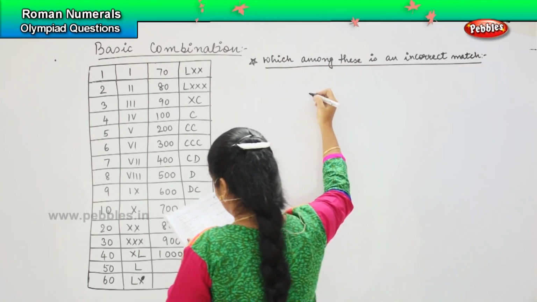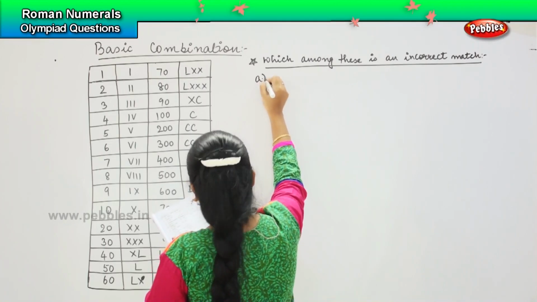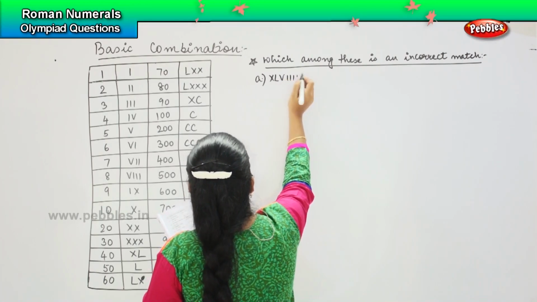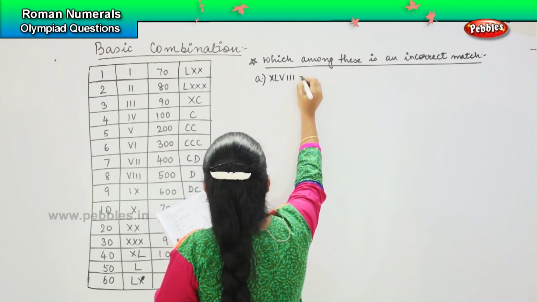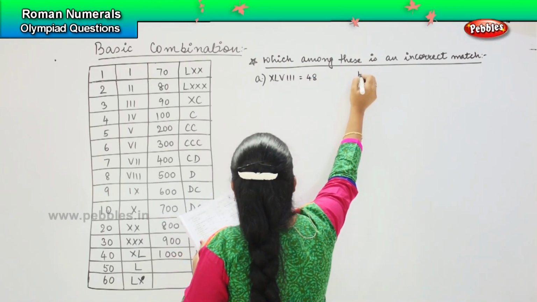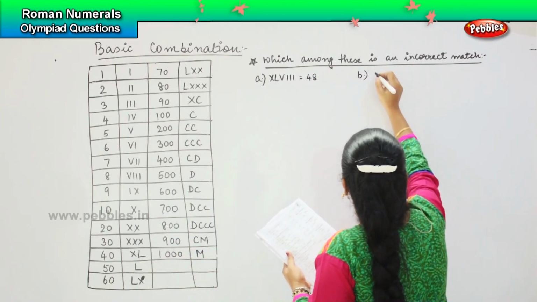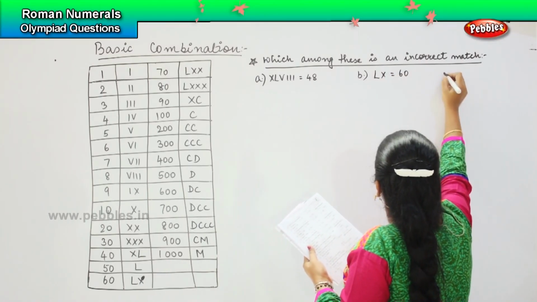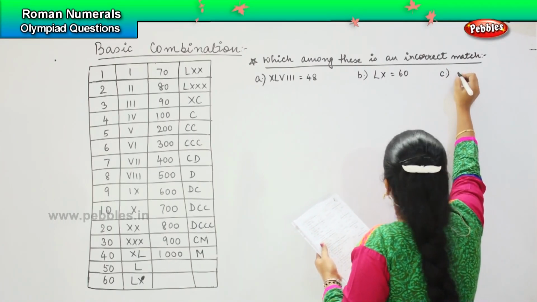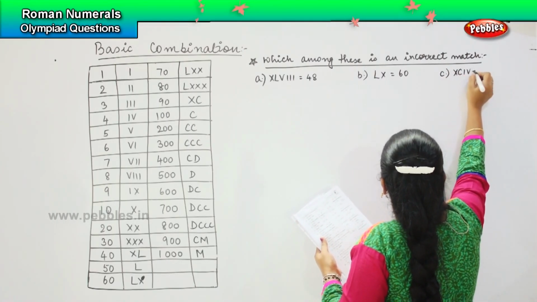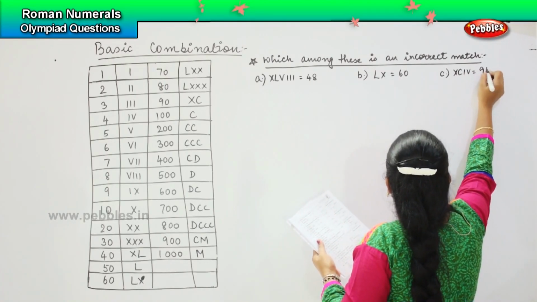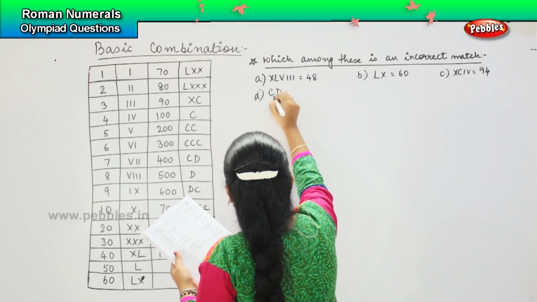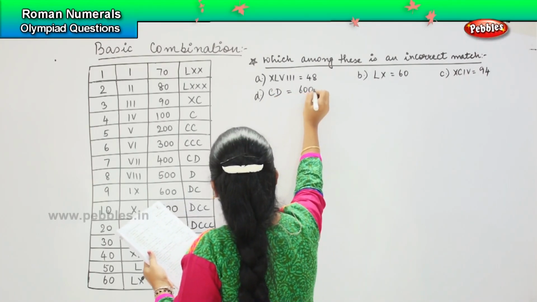Okay, and your options are option A, XLV, which is equals to 48. Option B, LX, which is equals to 60. Option C, XCIV, which is equals to 94. And option D, CD, which is equals to 600.